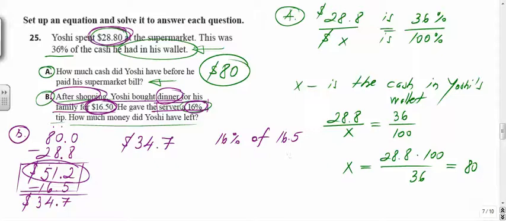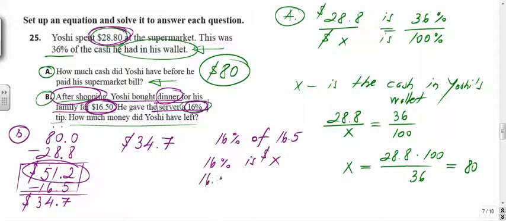Well, you remember that basically you just multiply 16 by 16.5 and divide by 100, but if that doesn't make sense, you're going to say 16% is how many dollars, right?